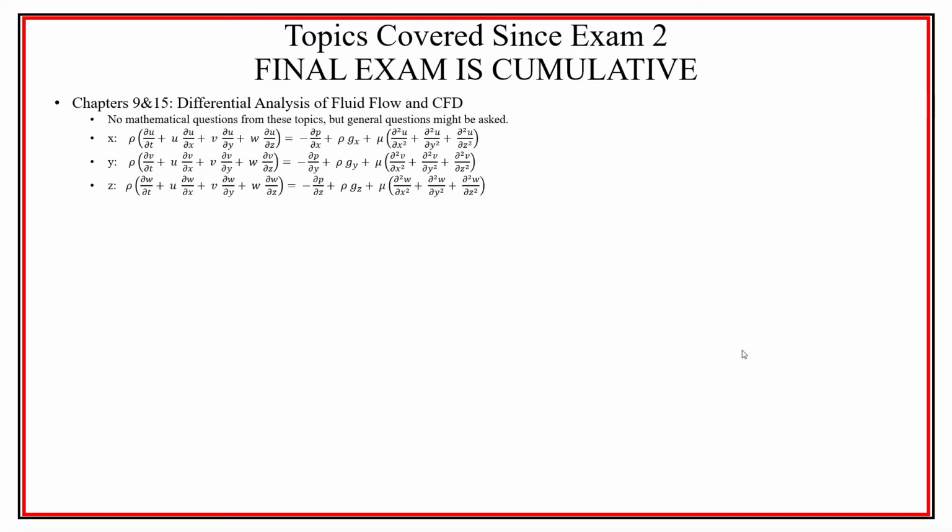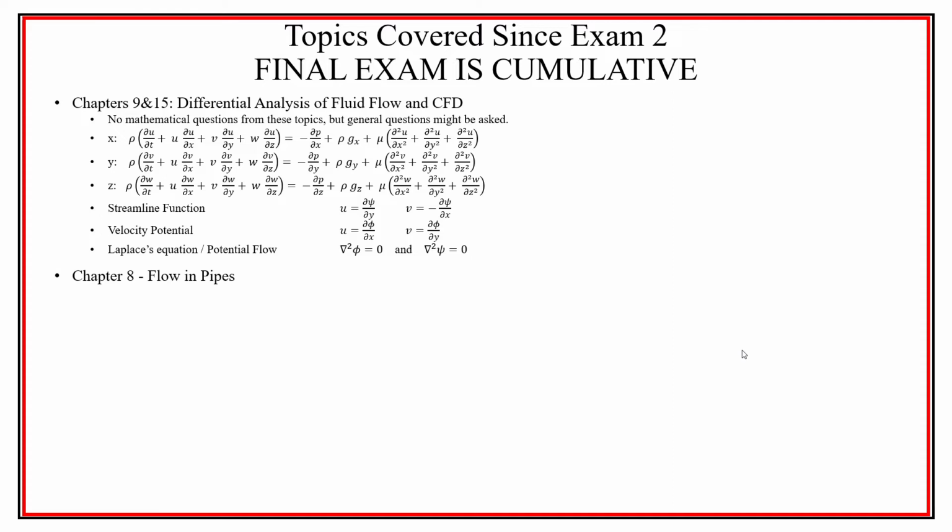We're not going to solve anything with them, but we should have a general understanding of what they represent. I don't think I would ask anything about the streamline function and velocity potential, but we should know of their existence. Definitely nothing about Laplace's equation and potential flow, which we never really covered, but they're on the equation sheet, so I included them here.